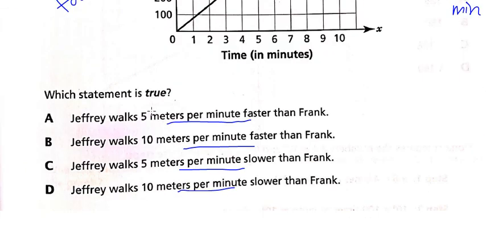Jeffrey walks 5 faster. Nope, Jeffrey's not faster. Jeffrey walks 10 per minute faster. Nope. Jeffrey walks 5 meters per minute slower than Frank. That is true, because if Frank is going 5 meters faster than Jeffrey, that means Jeffrey is going 5 meters slower than Frank. And that is our correct answer.